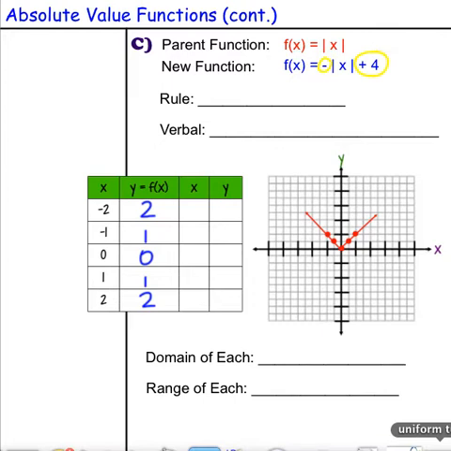So when I look at this, my +4 tells me that it's vertical because it's outside, and it is a shift because it is a +4, and that is going to be a vertical shift up 4. And then this negative sign is out front, so again that would be vertical, and because it is a negative sign, that is a vertical reflection.